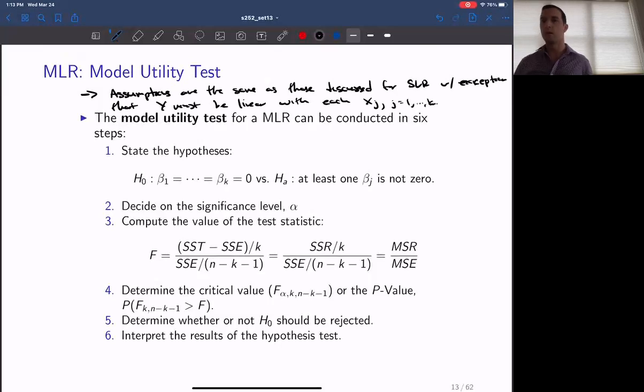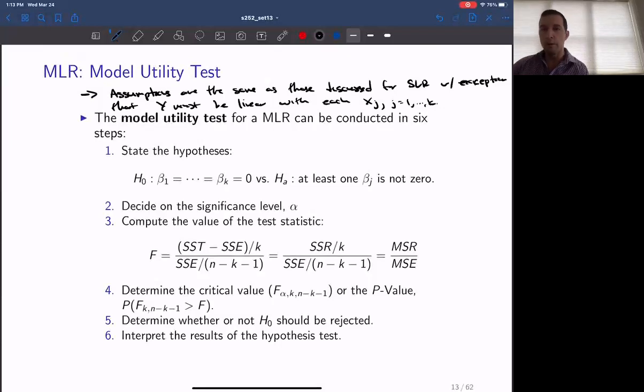Okay, so exact same set of assumptions. We just require that y is linear with each of the explanatory variables. But we already talked about last class how we would validate this through the pairwise scatter plots. So it's the same idea.